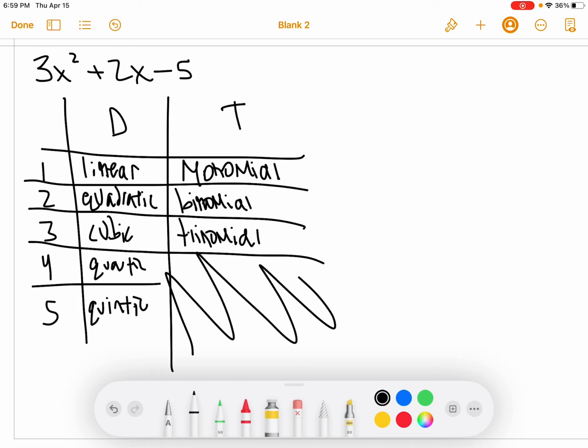The same goes for a degree of more than 5. After that, for 6, you would just say degree of 6. Basically, anything with 2 or more terms is considered a polynomial.